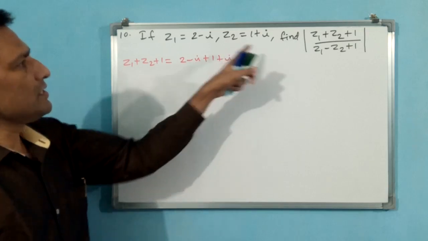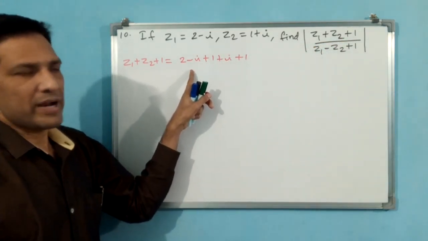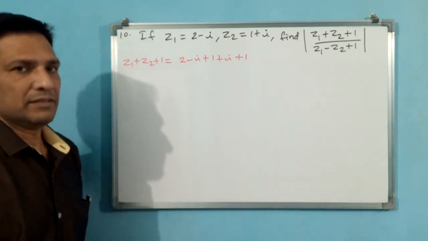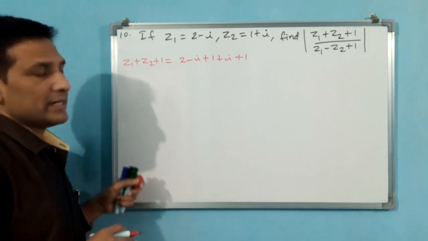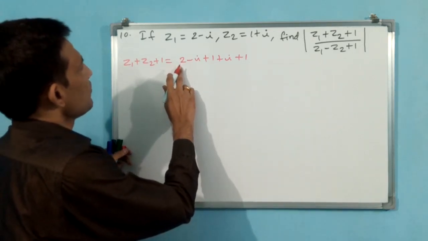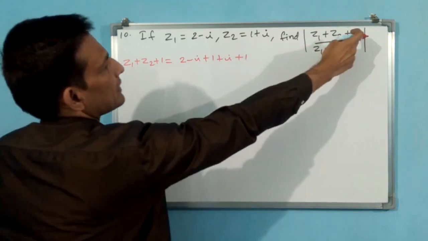When plus plus is there, you need not keep parentheses. Directly you can write. If any minus is there, then write a little bit carefully.